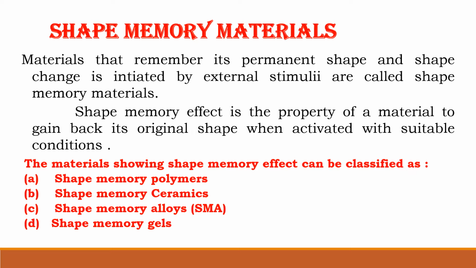So the external stimuli could be either change in temperature, application of pressure, change in electric voltage, change in wavelength of the radiations, etc. Materials that remember their permanent shape and whose shape change is initiated by external stimuli are called shape memory materials. For a shape memory material to act as smart, it needs the shape memory effect.